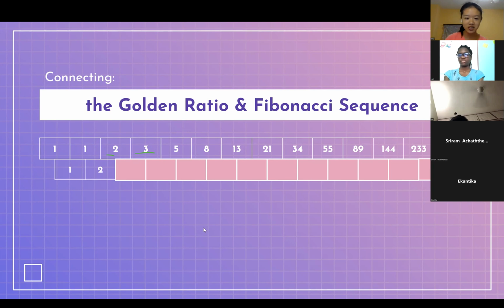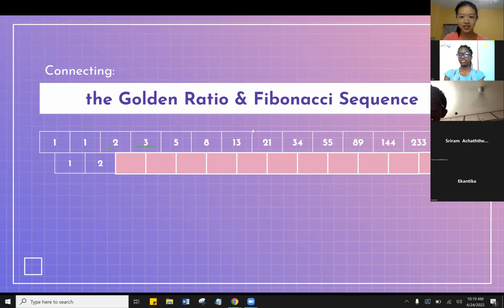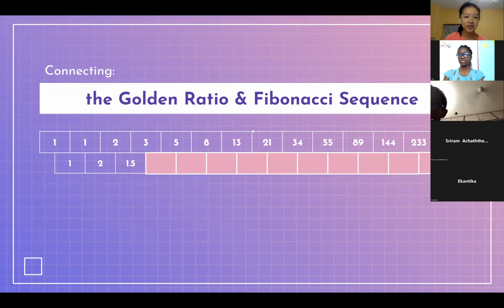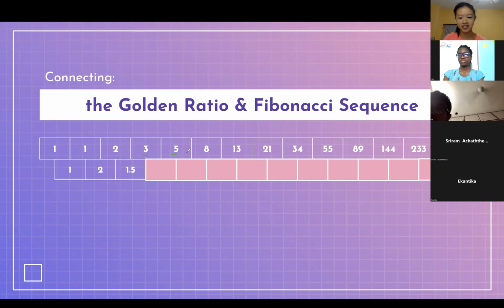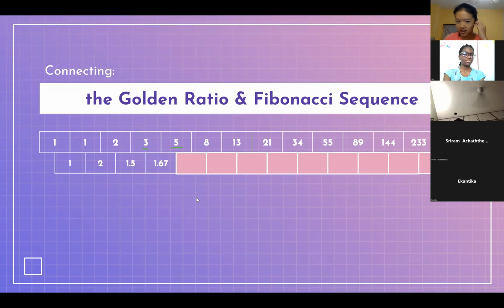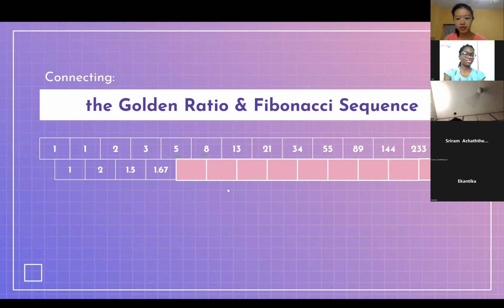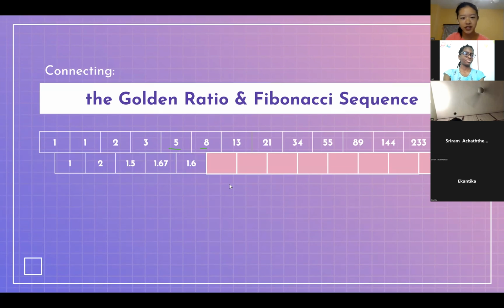Yes, 3 divided by 2 is 1.5 in decimal form. Next, what would be 5 divided by 3? Yes, roughly 1.67. What is 8 divided by 5? 1.6, that's correct.